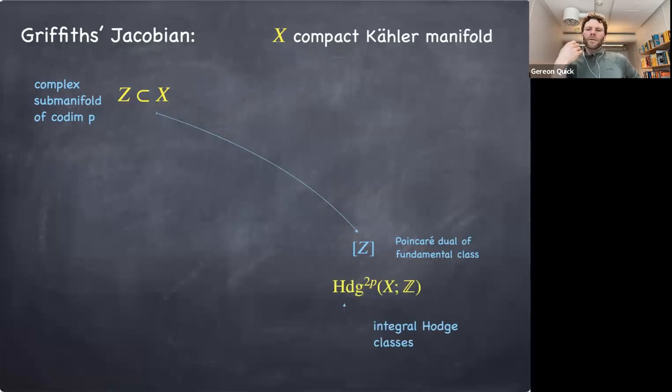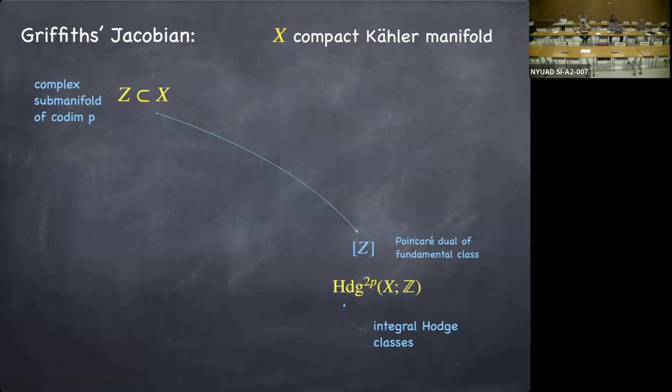And then we observe that this is again a Hodge class. So it lives in integral cohomology in degree 2P, and it is of Hodge type P,P. So if we again keep track of how many dz's and dz bars we have, then we have as many dz's as dz bars. Okay, and those classes are called integral Hodge classes.